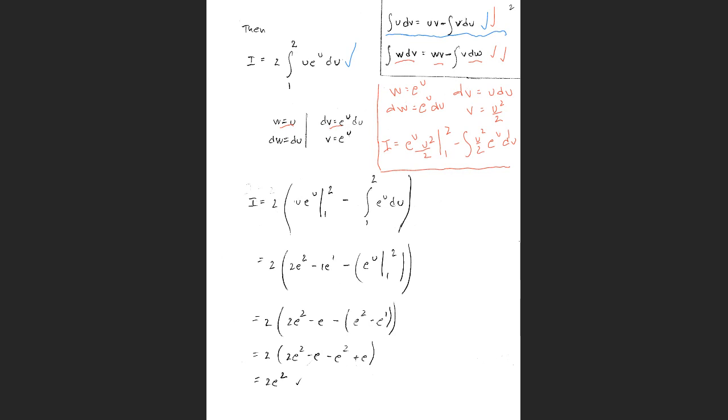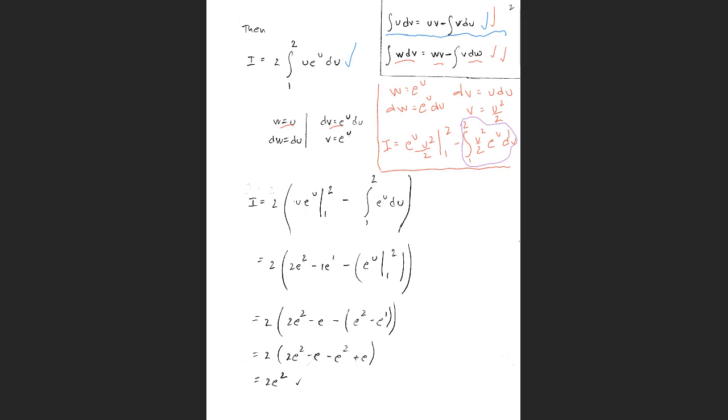And of course, when you do integration by parts, the limits stay the same. They don't change. But look at this resulting integral here that you have to integrate, the integral of u squared over 2 times e to the u du.